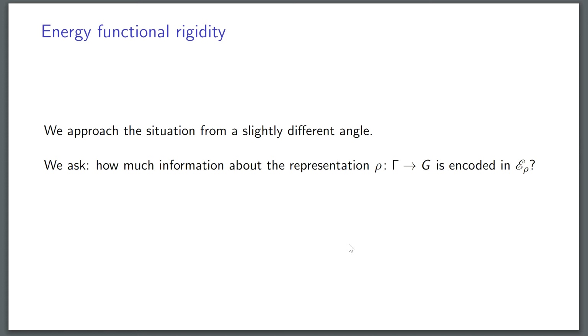I would like to ask the question more generally: how much information about a representation, in particular a Hitchin representation, is actually encoded in its energy functional? And to make this question more precise for this presentation, I asked the more specific question: is a representation determined by its energy functional? And this you must always ask, is it determined up to conjugation? Because conjugating a representation does not change its energy functional.